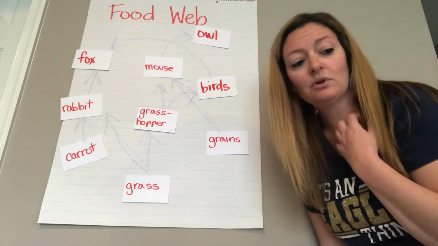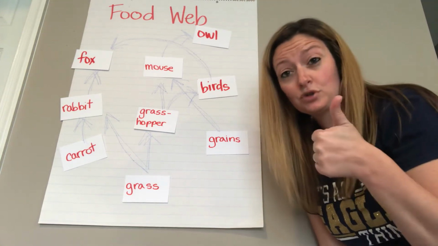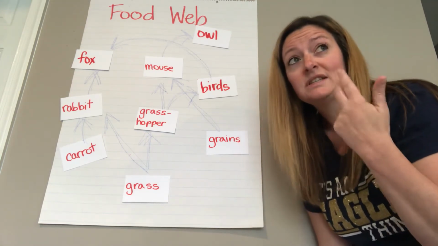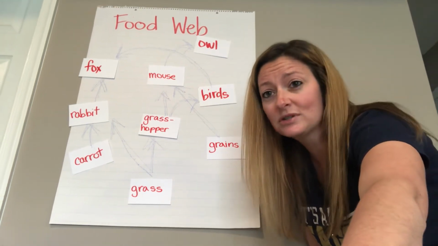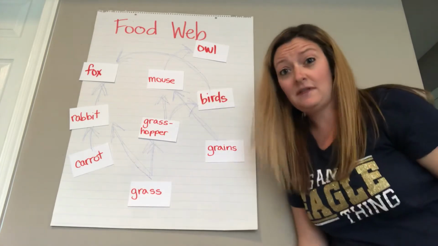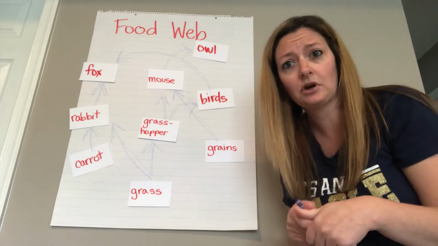Now again, if we were going to come in here and label our producers, primary consumers, and secondary consumers, we could come in here and do that. So I'm going to give you a couple more seconds. I want you to try to identify them in here, and then we're going to label them with our cards.